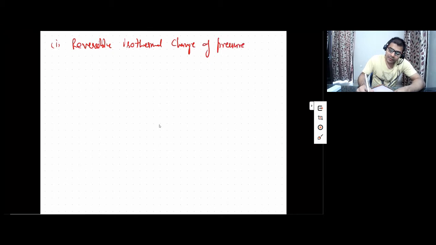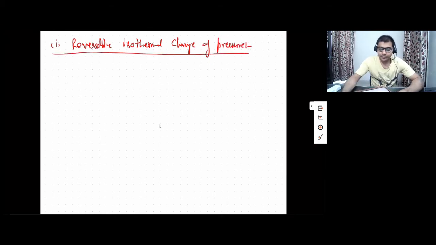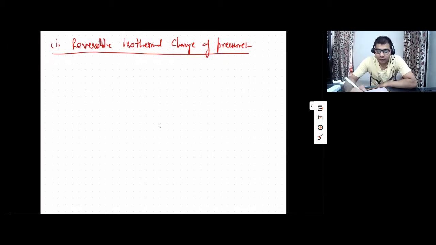So what does it mean? It means that our thermodynamic process is going to be reversible and isothermal. Isothermal means the temperature change doesn't take place, and the pressure will of course change, because this is a reversible isothermal change of pressure. We are changing the pressure, keeping the temperature constant.